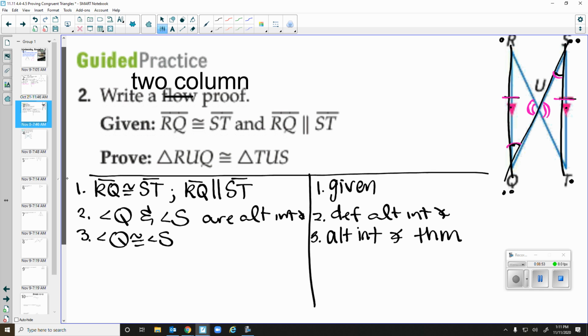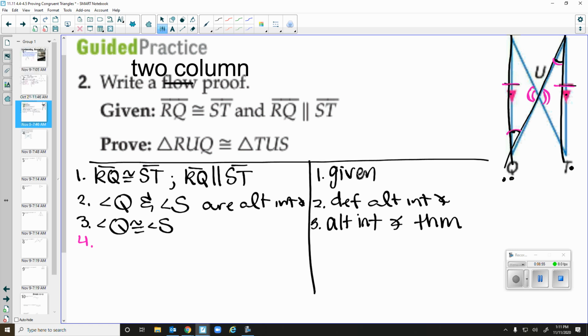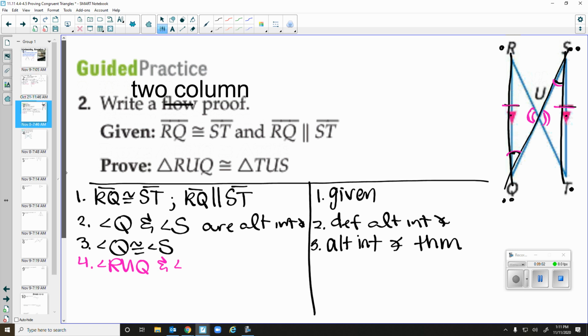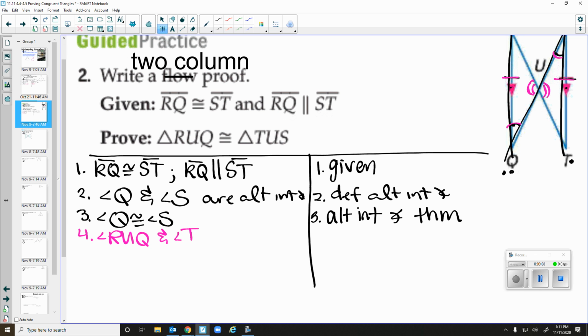So angle RUQ and angle SUT, or TUS, are vertical angles by our definition of vertical angles.